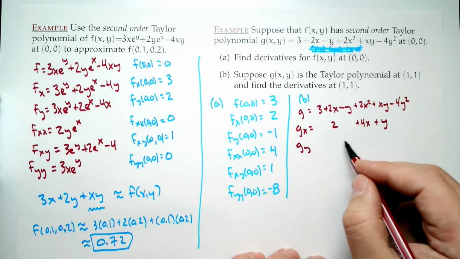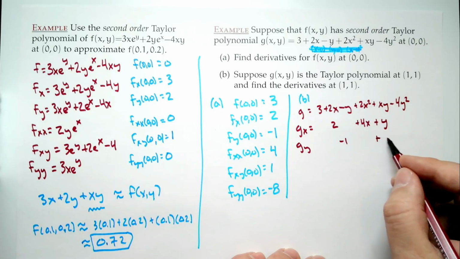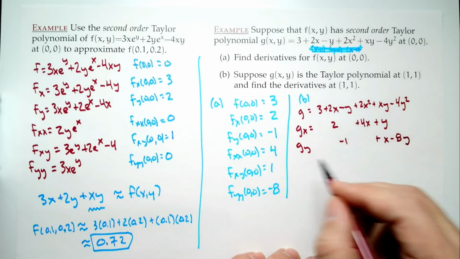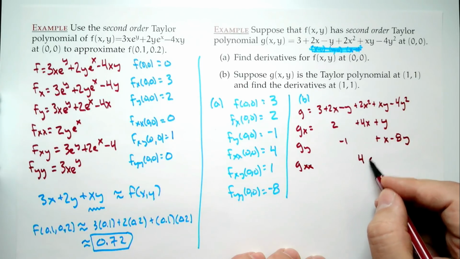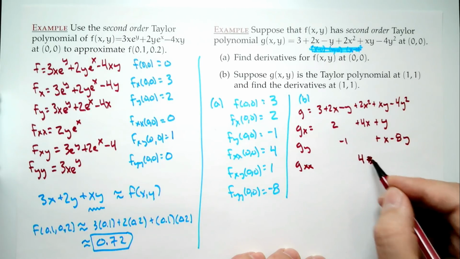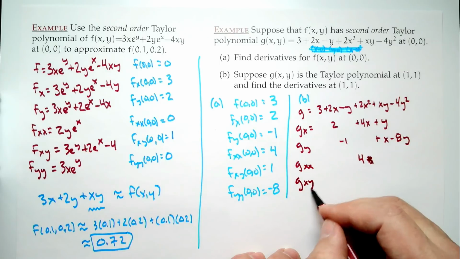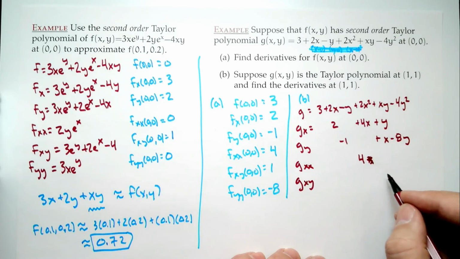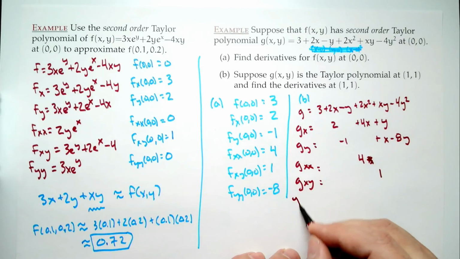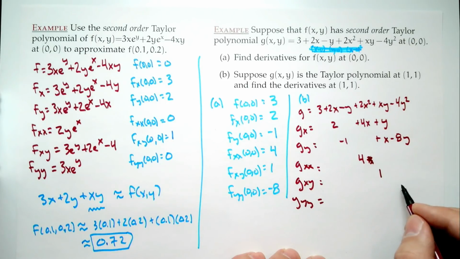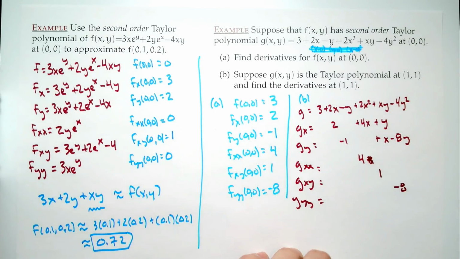G sub y, negative 1 plus x minus 8y. G sub xx, 4x. Oops, sorry, just 4. G sub xy will be 1. And g sub yy will be negative 8. Okay, so I took my derivatives.